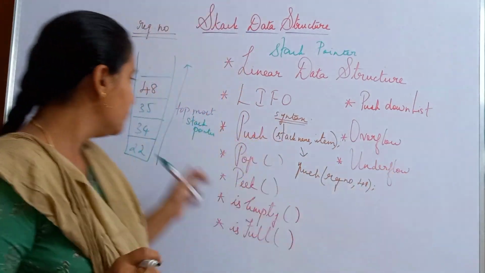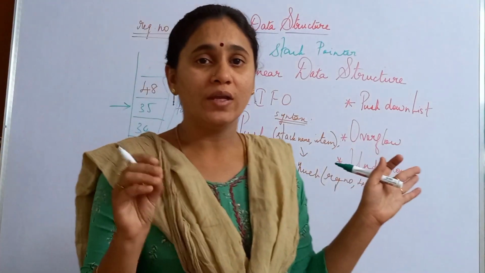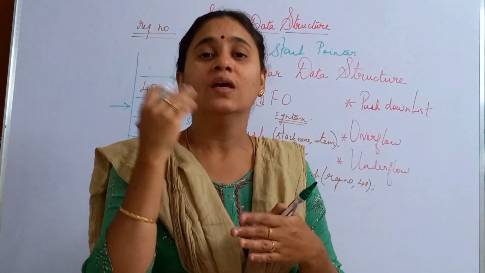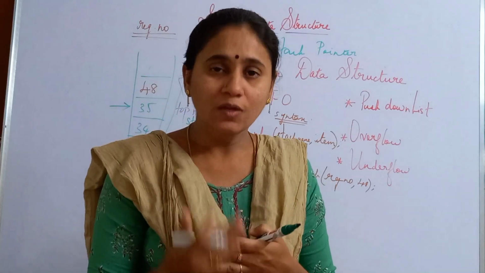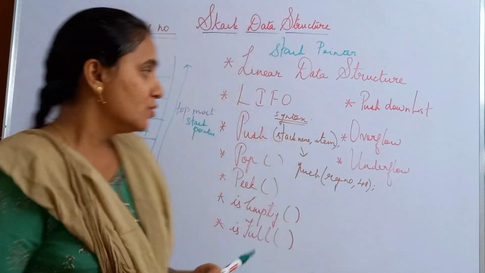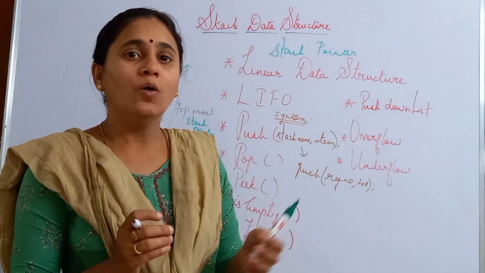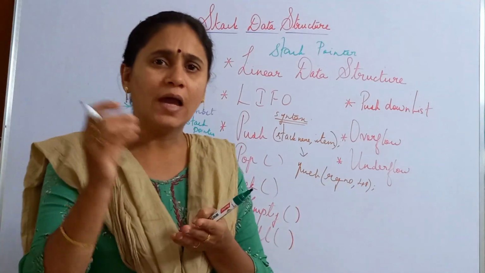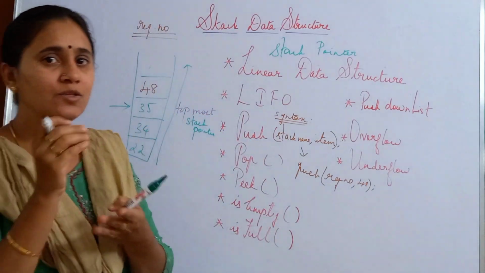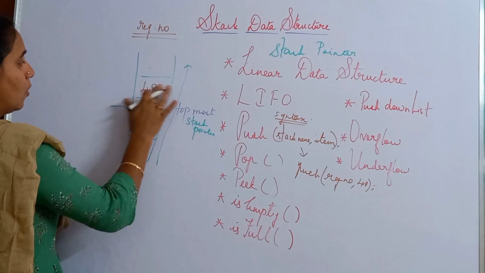In this diagram, the pointer plays a very vital role. Only by navigating the pointer up and down do we have the possibility of removing or inserting an element. Now watch keenly how the value gets stored in the stack by means of this top pointer.